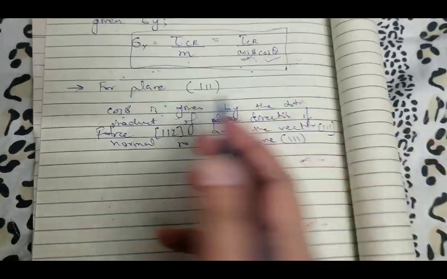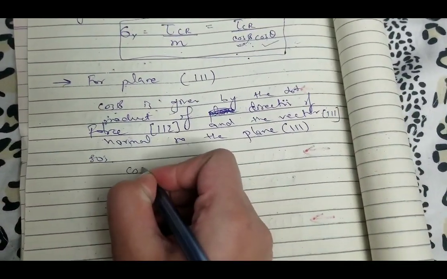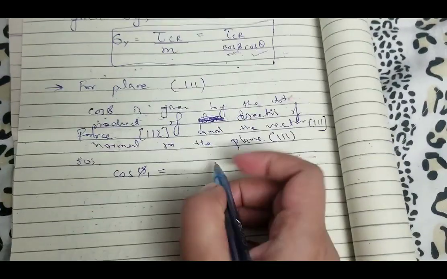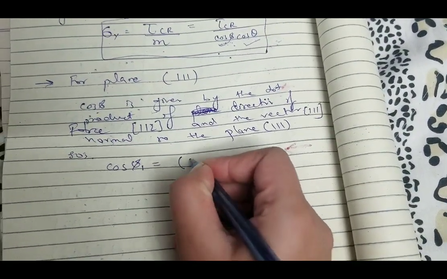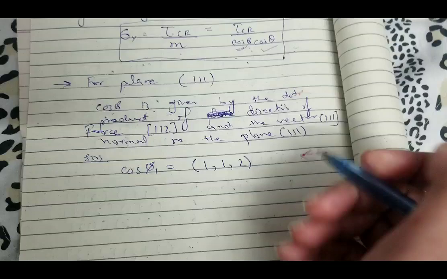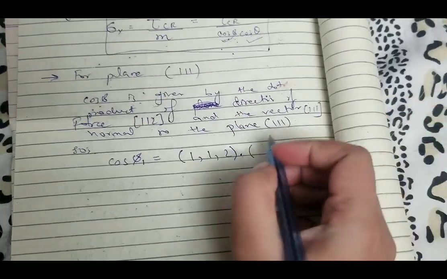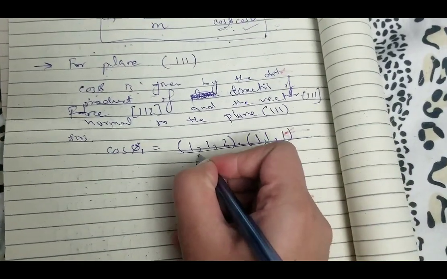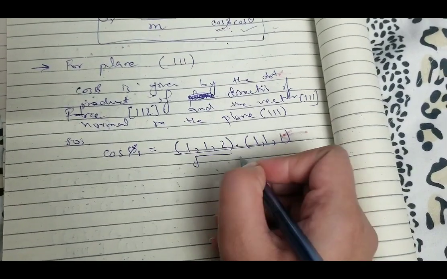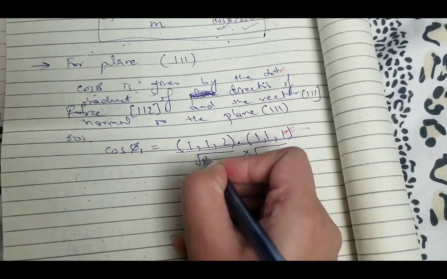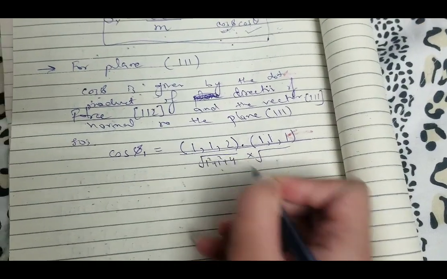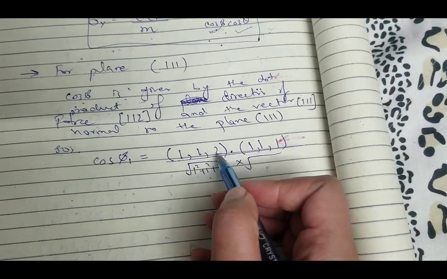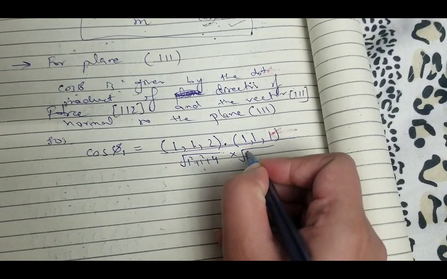So cos phi, let us call it cos phi 1, for this plane, will be equal to 1 1 2. I'm writing it in coordinate form, dot product with the direction of the plane, divided by their magnitudes, magnitude of this vector into magnitude of this vector. So 1 square plus 1 square plus 2 square is 6. The magnitude of a vector is given by taking the square of each quantity, adding them, and taking the whole under root.